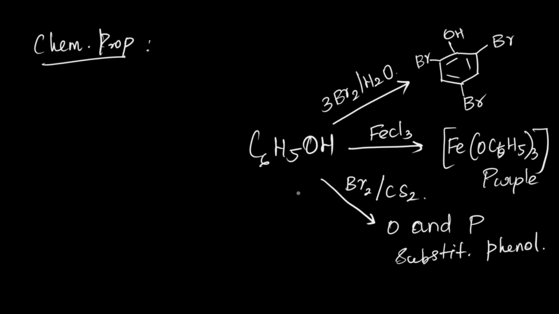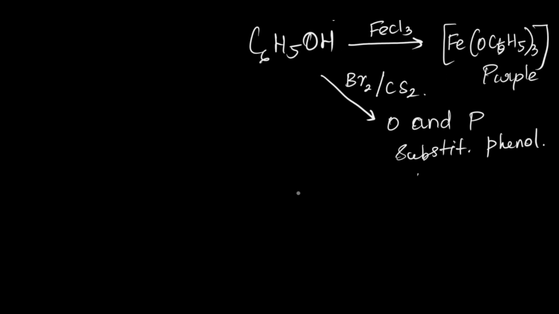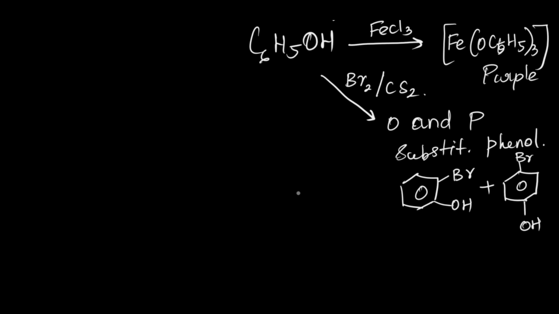Okay, so which means it will be forming ortho bromo phenol and para bromo phenol. So please find the difference between bromine water and bromine with CS2, carbon disulfide.